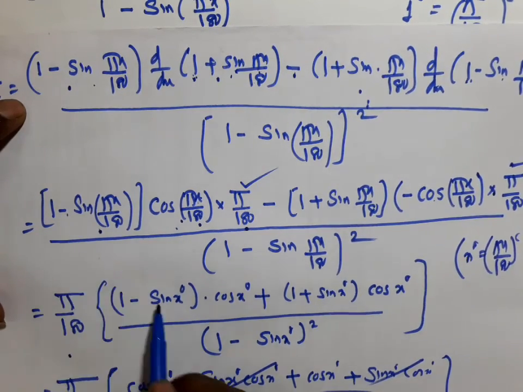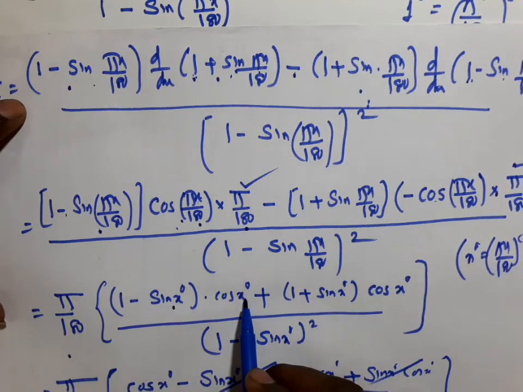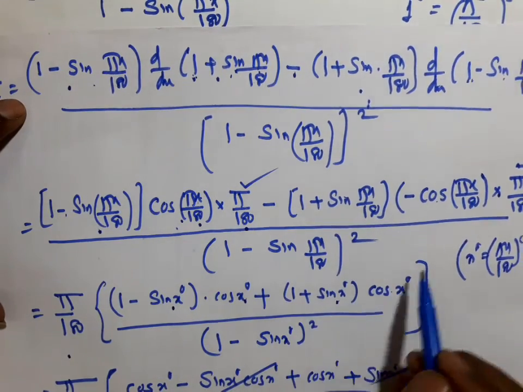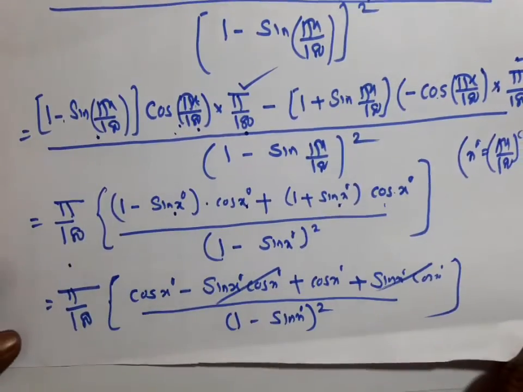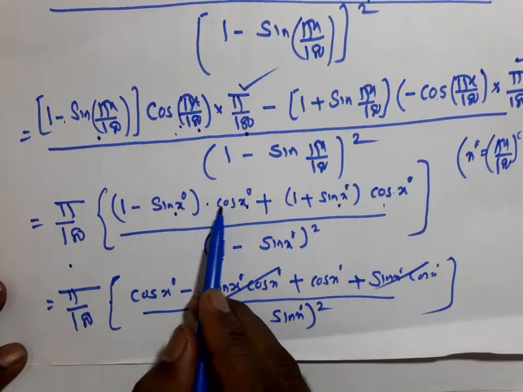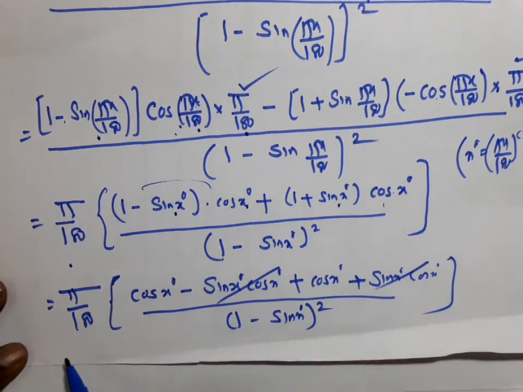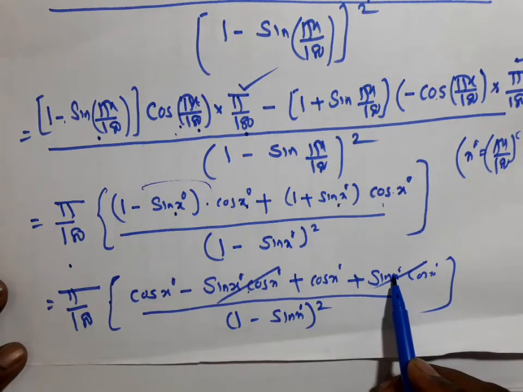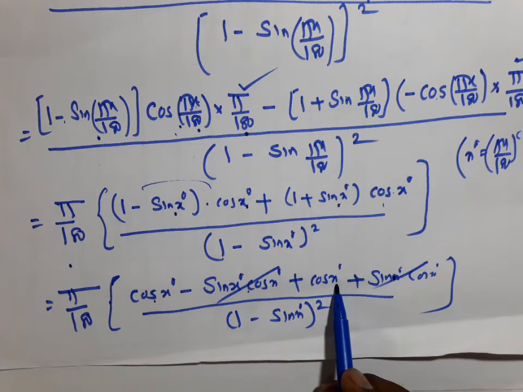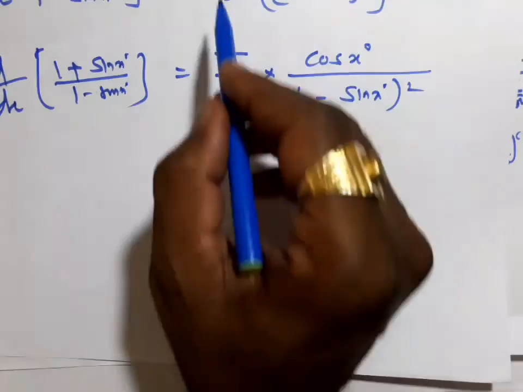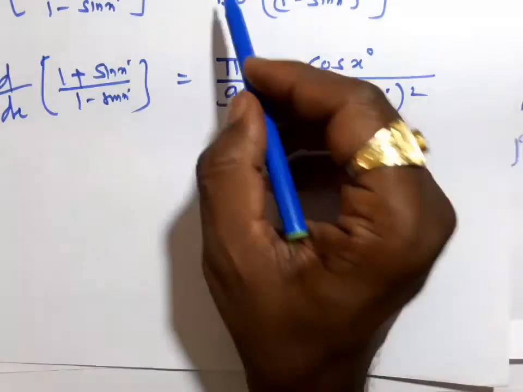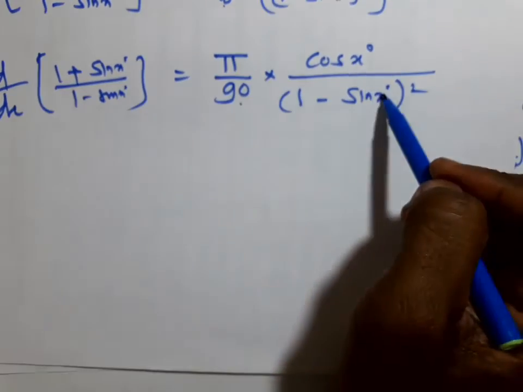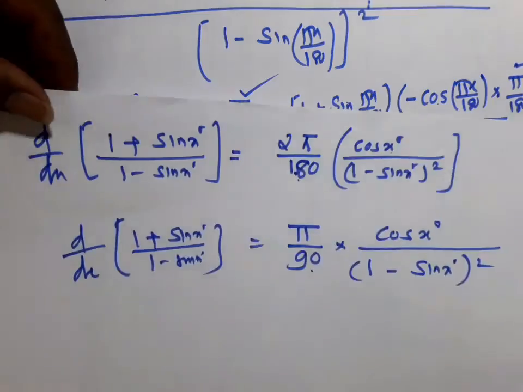That's why I retain (1 minus sin x degrees) cos x degrees plus (1 plus sin x degrees) cos x degrees, over (1 minus sin x degrees) square. Okay, then open the bracket. These two terms cancel. 2 cos x degrees, pi upon 180, so 2 pi upon 180 cos x degrees over (1 minus sin x degrees) square. Further 2 cancels. So this is the final answer. I hope you understood all this.